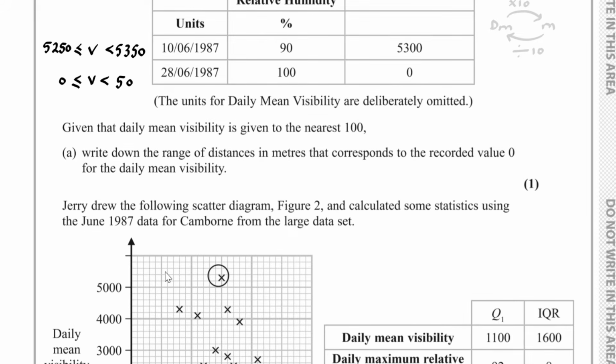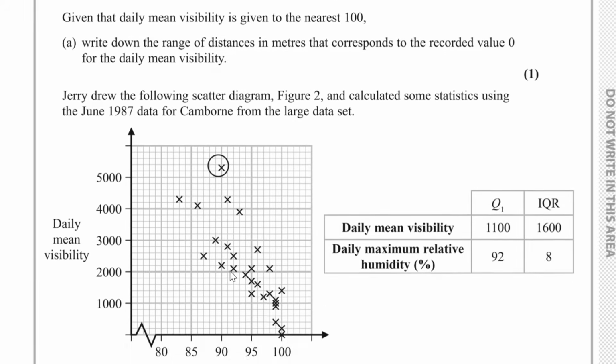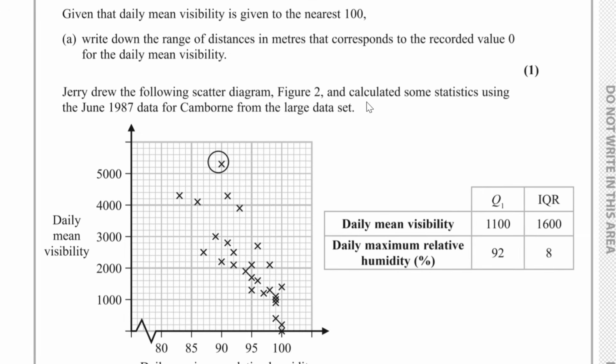Now for part B of the question, Jerry drew the following scatter diagram, shown here in figure 2, and calculated some statistics using the June 1987 data for Cambon from the large dataset.